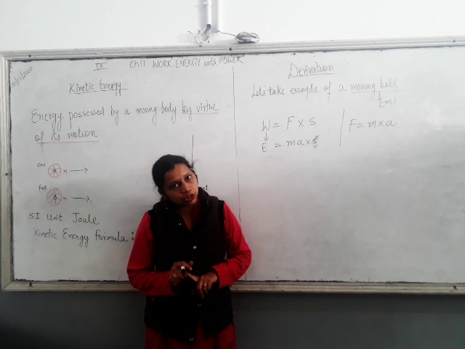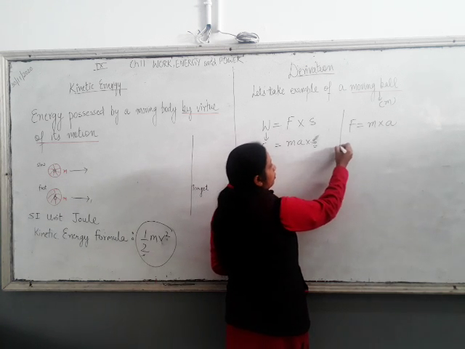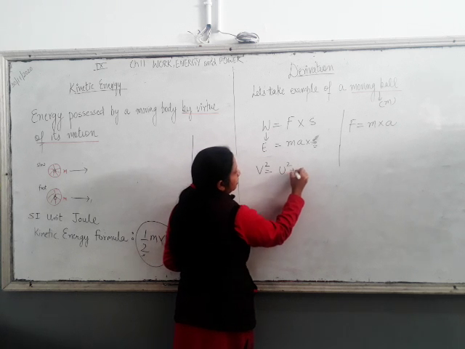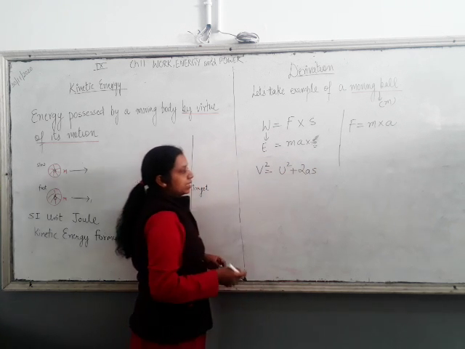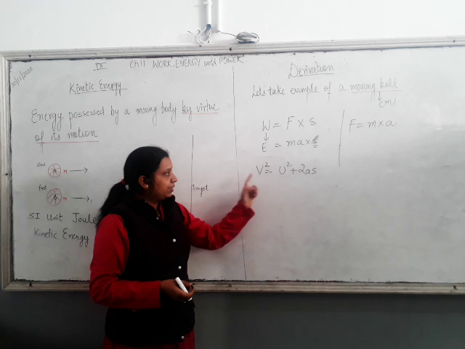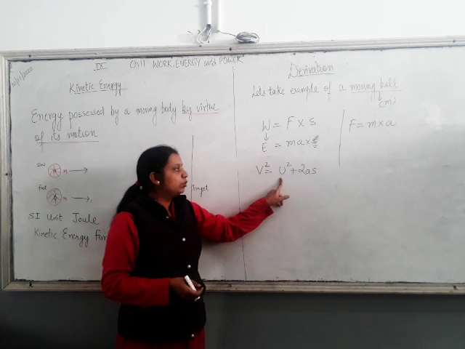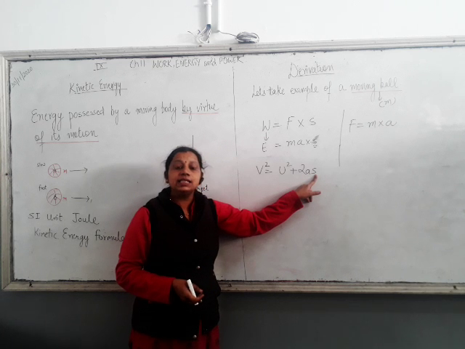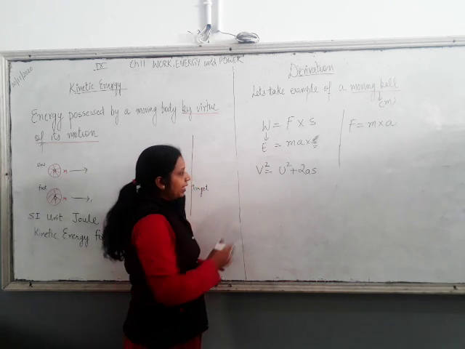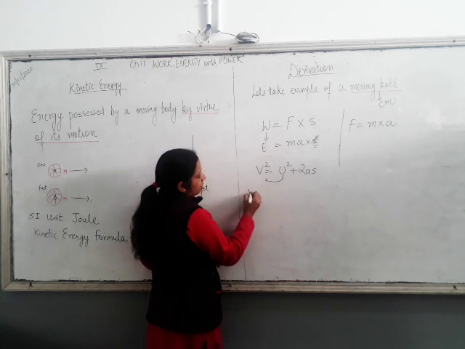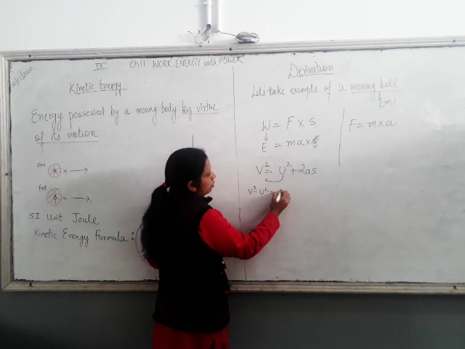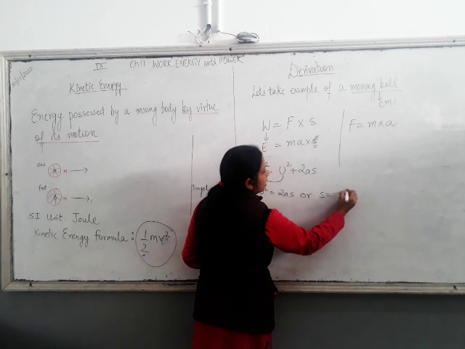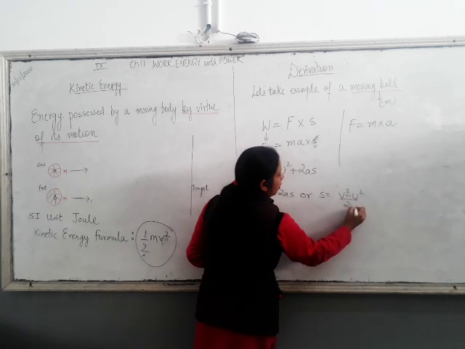That is the third equation of motion: v square equals u square plus 2as, where v is the final velocity of the ball, u is the initial velocity, a is the acceleration, and s is the displacement. If I take this to this side, v square minus u square is equal to 2as, or I can write s equals v square minus u square upon 2a.